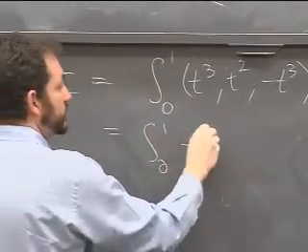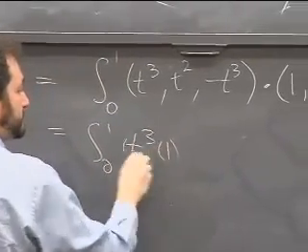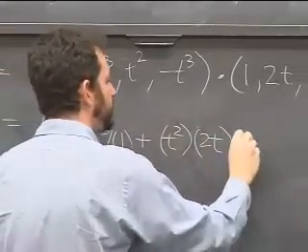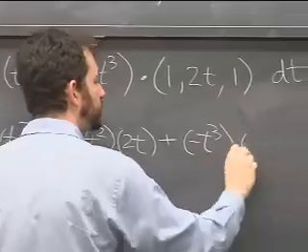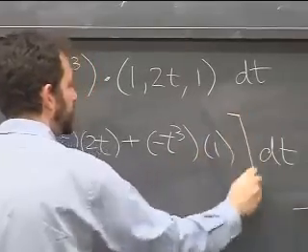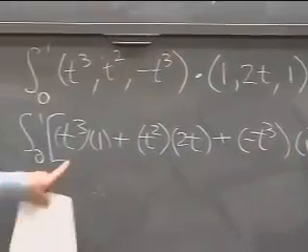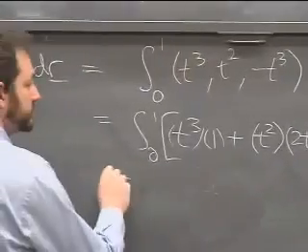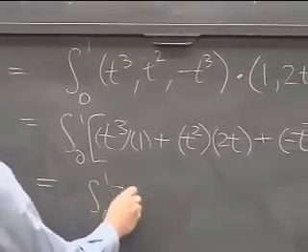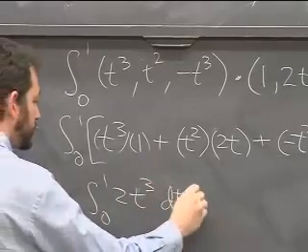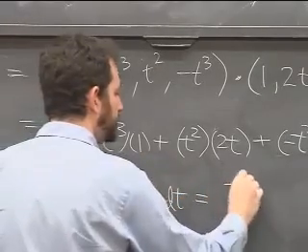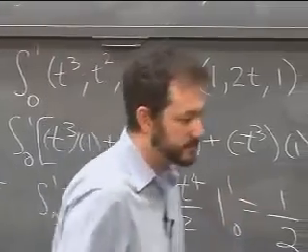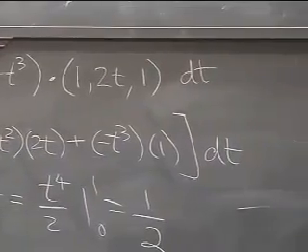So this is t cubed times 1 plus t squared times 2t plus minus t cubed times 1 dt. That's t cubed plus 2t cubed minus t cubed, which is 2t cubed. So that's t to the 4th over 2, which is 1/2.